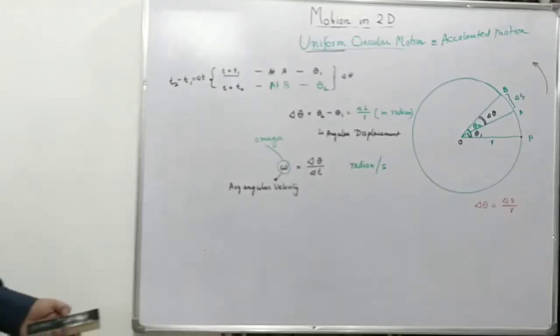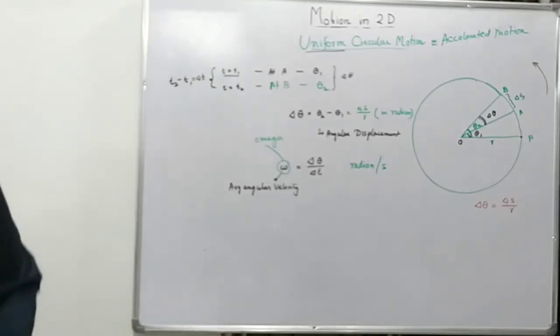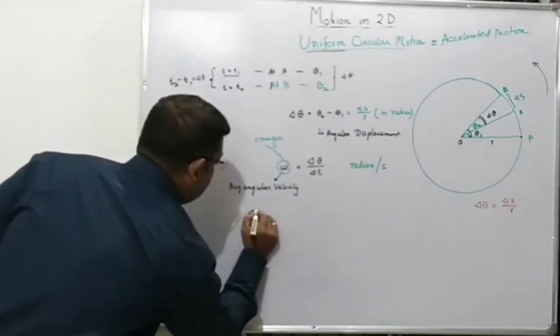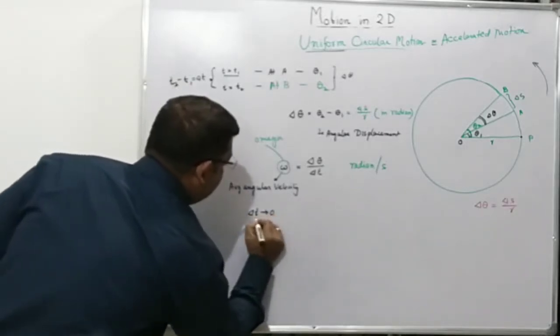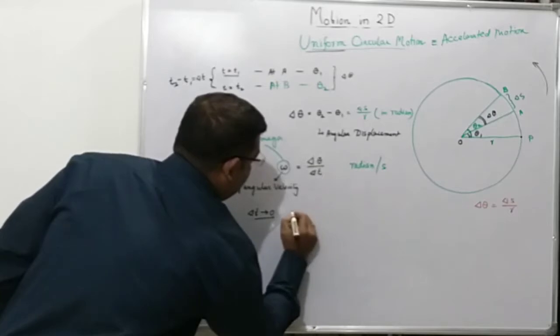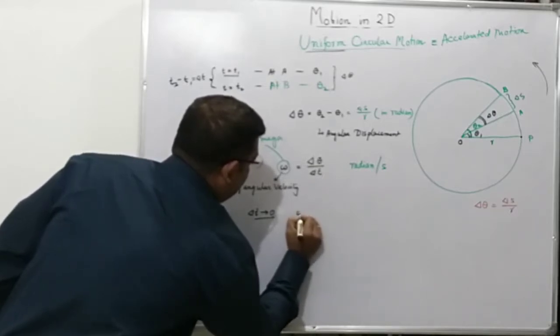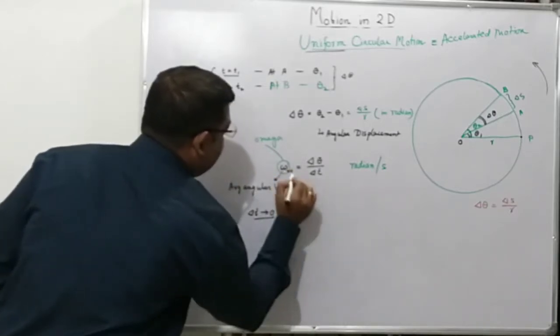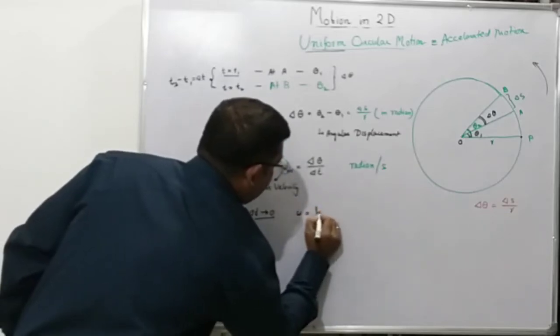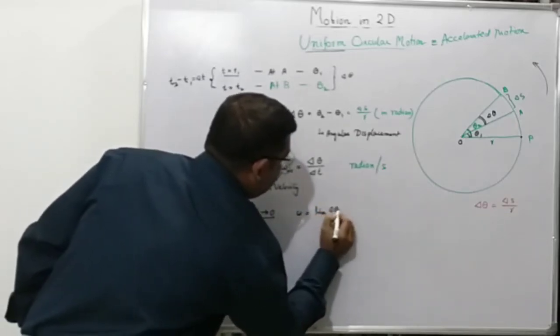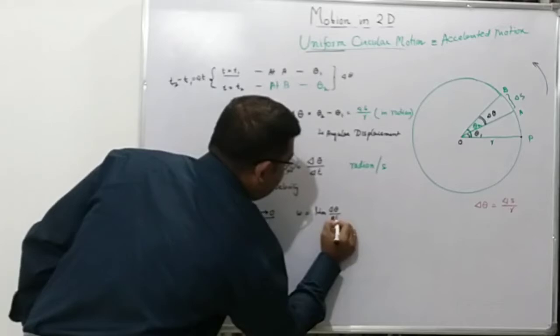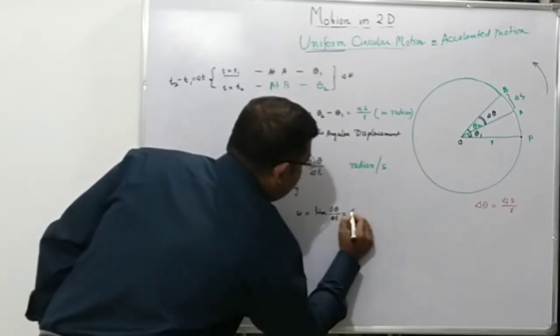So in the limit delta t tends to 0, this is average, omega will be given by limit delta theta by delta t, which is equal to d theta by dt.